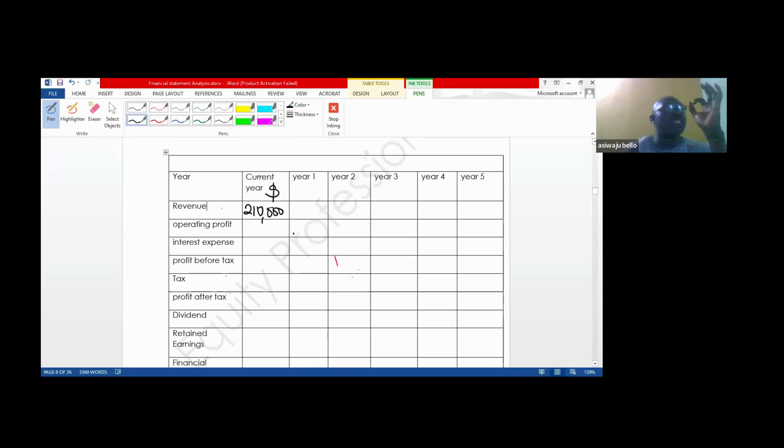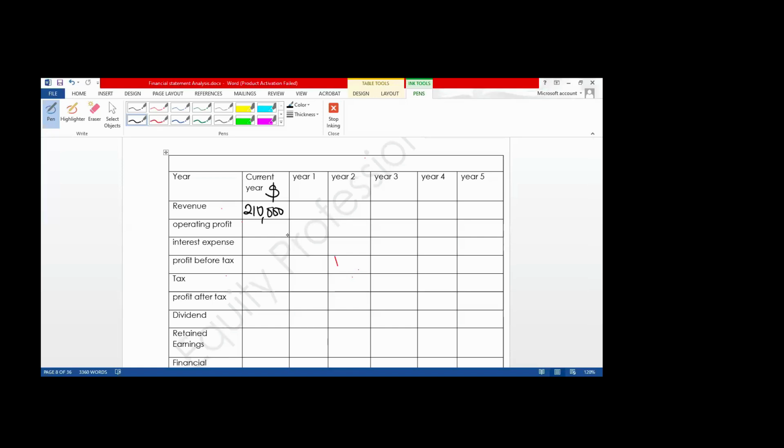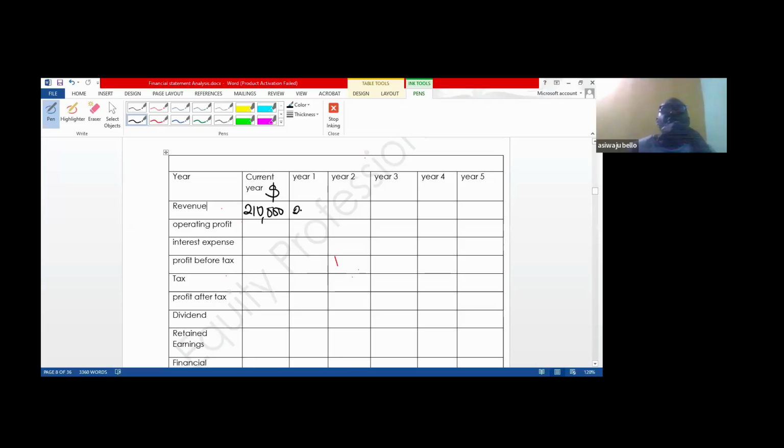This will increase by $45,000 each year. That means revenue in year 1, 45 plus 210, is 255. We have $255,000.